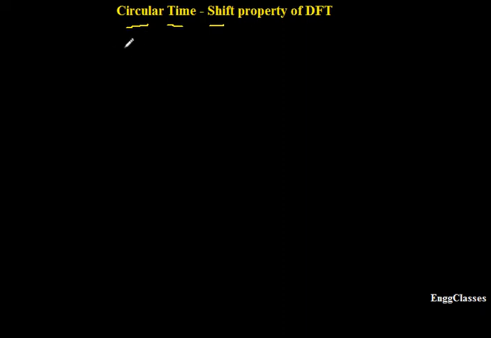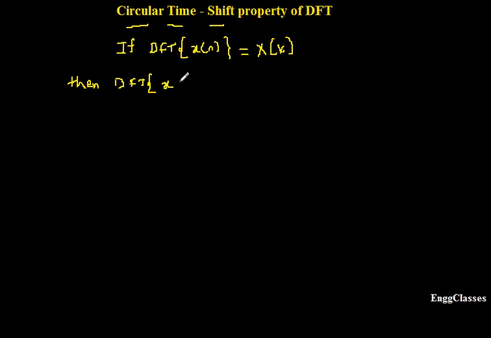If I want to define the circular time shift property, it says if DFT of x of n, so how do I represent DFT of x of n? That is nothing but X of k. So if DFT of x of n is X of k, then DFT of the time shifted version, that is x of n minus m, where m is the shift.